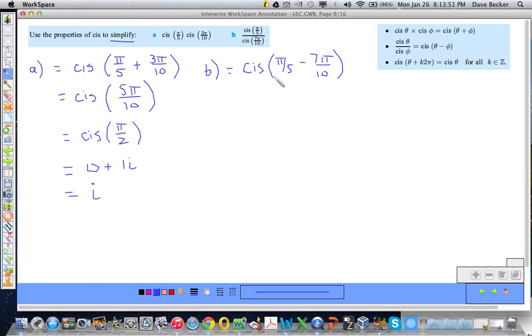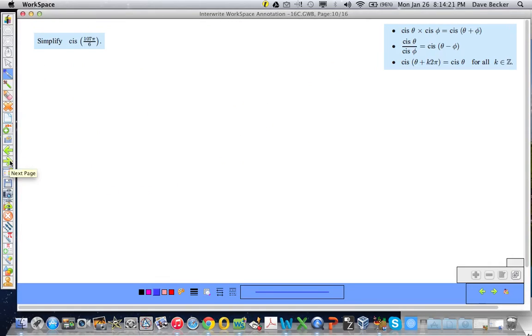So this would be 2 pi over 10 minus 7 pi over 10, so that would be cis of negative 5 pi over 10, or cis of negative pi over 2. I really shouldn't have even written that. That's insulting to you. So that would simply be equal to 0 minus i, or negative i. Very simple, very easy.